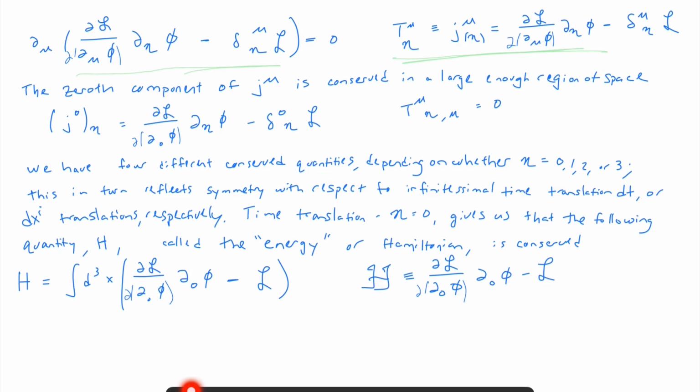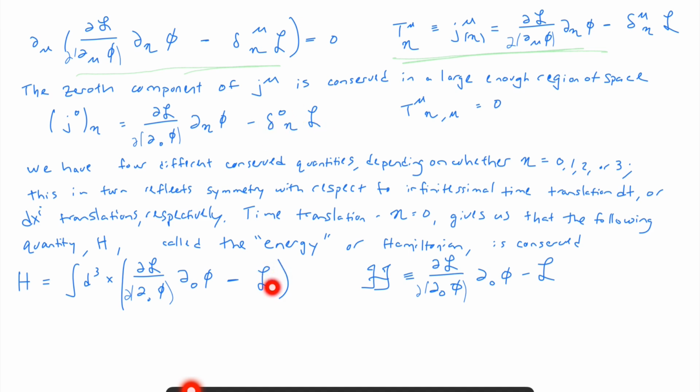So here's the formula. The Hamiltonian is going to be the integral of this J0 when eta is 0, and that's what I plugged in here. Let's put eta equal to 0. We get a partial of L with respect to this, which is still 0, 0. And this part here is 0. And this part here is 0. And delta of 0 with 0 is 1, which keeps the delta function.